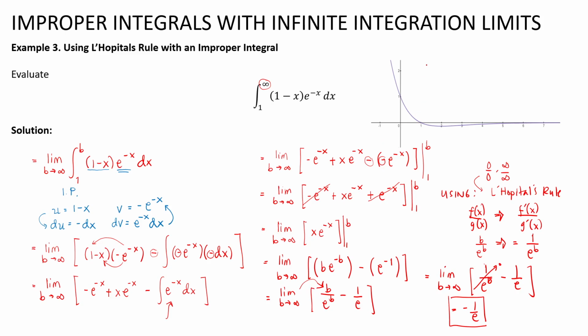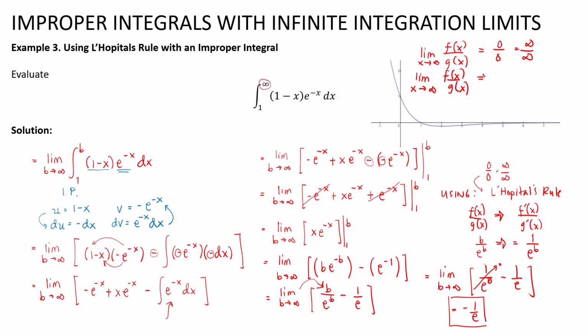The correct formula is this: if x approaches, let's say, a, or if the limit of x approaches infinity of f of x over g of x gives you 0 over 0 or infinity over infinity, you're going to use L'Hopital's rule.